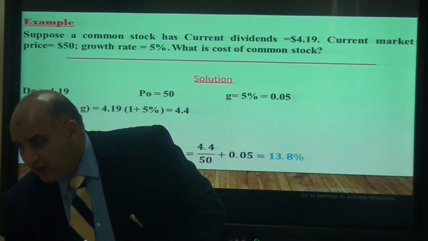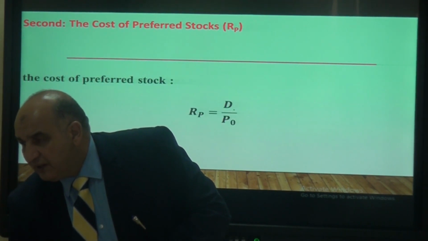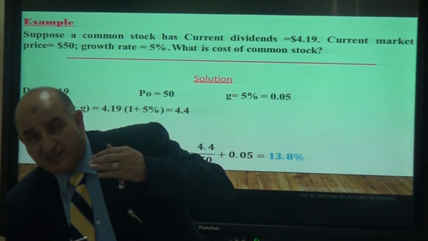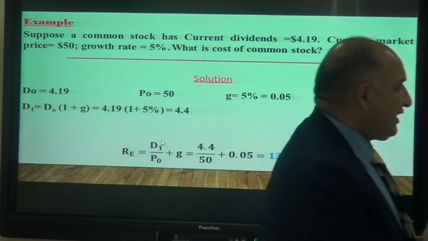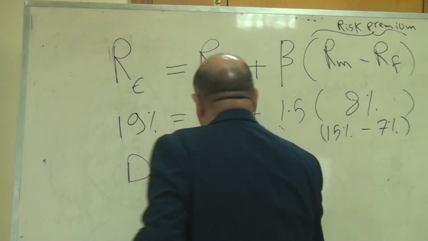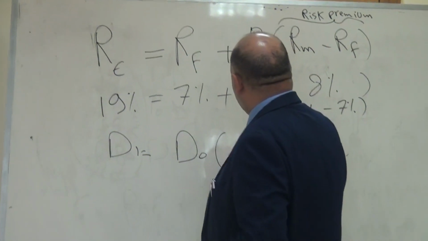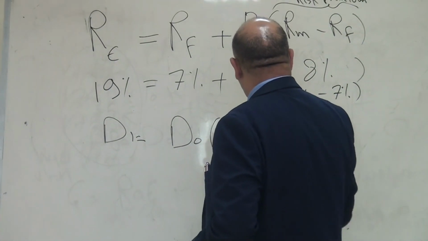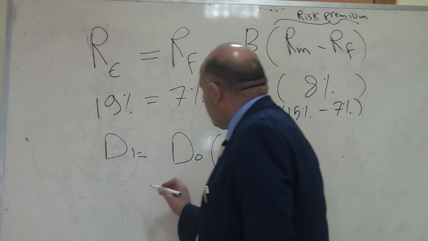D1 equals what? As I said, future dividends. So you can get D1 equal to the current dividends, which is D naught or D0, multiplied by 1 plus G. G is the growth rate.